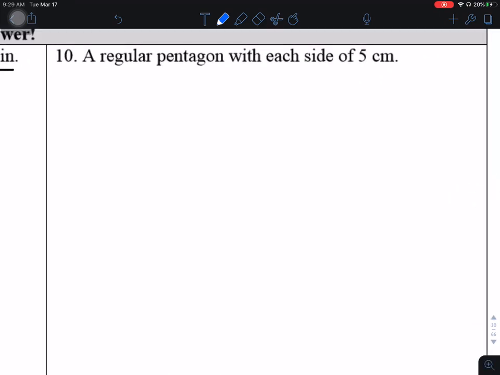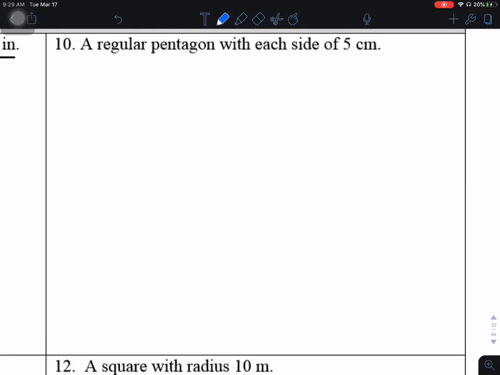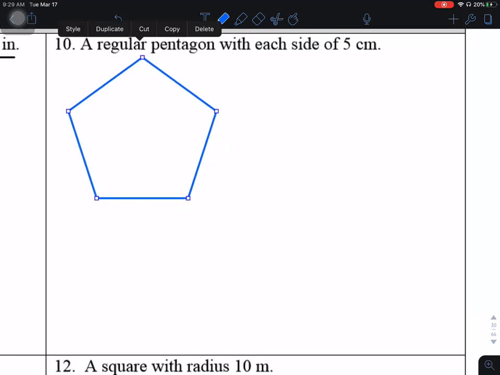Number 10, a regular pentagon with each side 5. Gonna draw this. That's not what I wanted. So each side is 5.